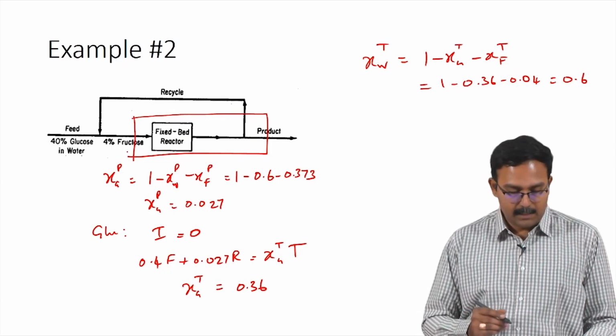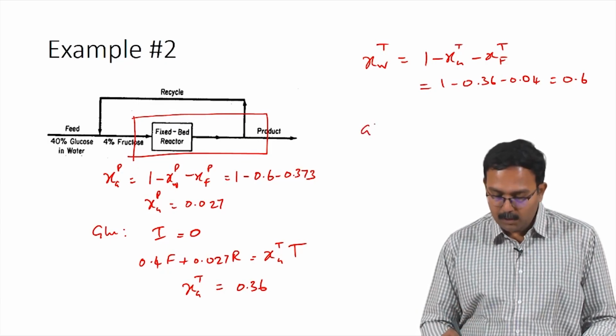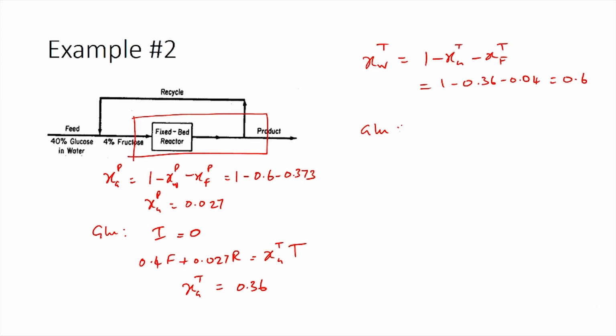So, now let us write the glucose balance for the system chosen. The glucose balance would be input minus output plus generation minus consumption equals accumulation. At steady state, accumulation goes to 0. Glucose is not generated as it is a reactant. So, the equation simplifies to input minus output equals consumption. We are expected to calculate consumption, which is nothing but input minus output.